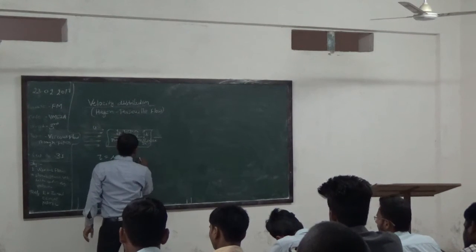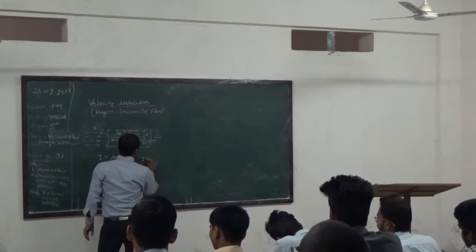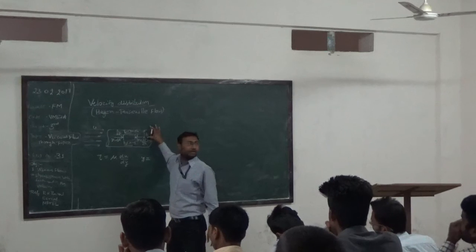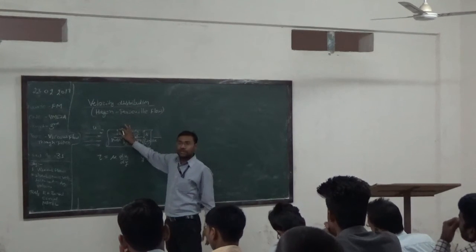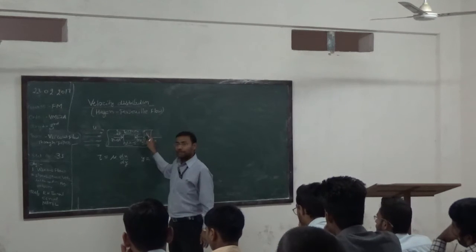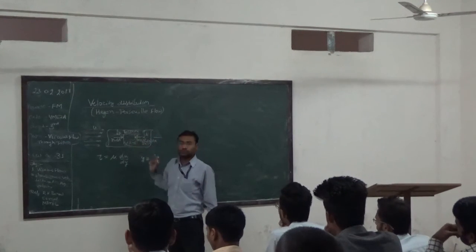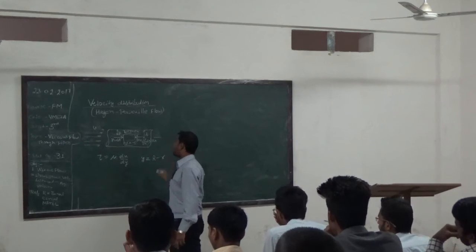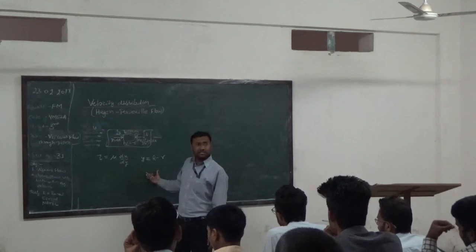Now this value of y will be, if I subtract small r from capital R, it will give the distance y. So capital R minus small r is equal to y. Just differentiate it.